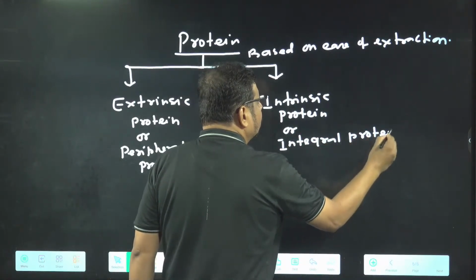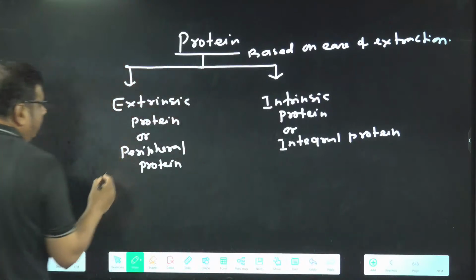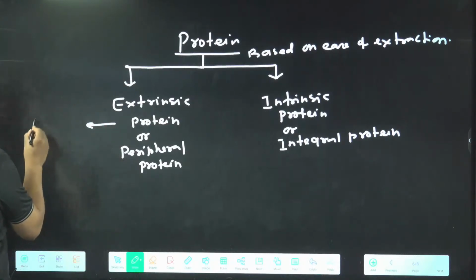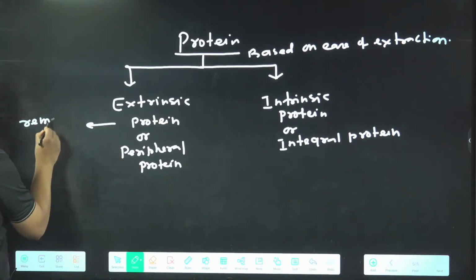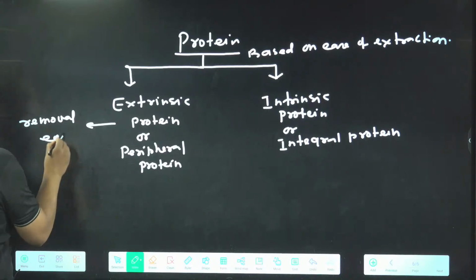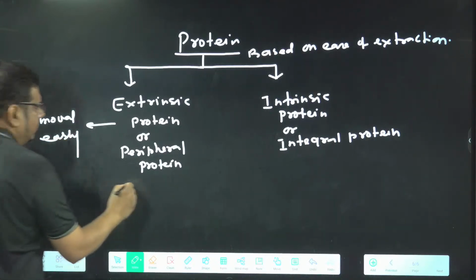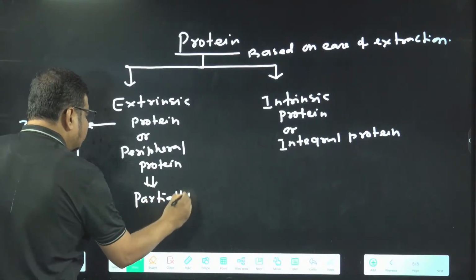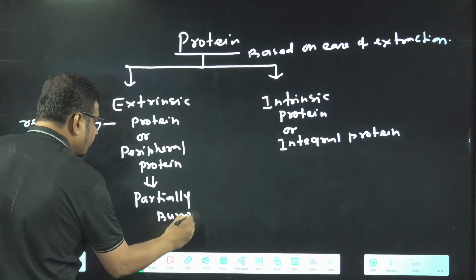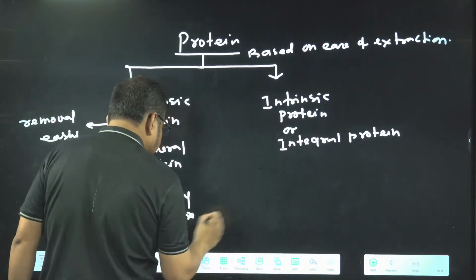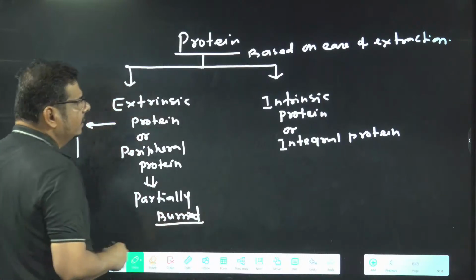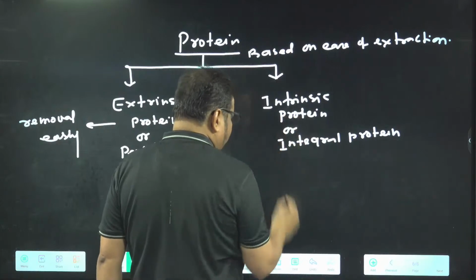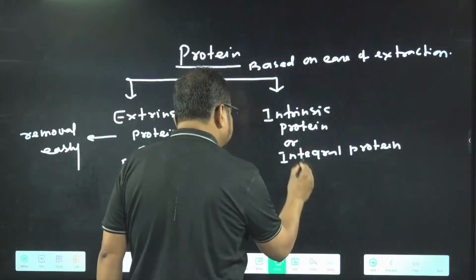So two types of proteins are there. Extrinsic or peripheral proteins are easily removed. Able to understand? These are partially buried in the plasma membrane. And intrinsic or integral protein is of two types.